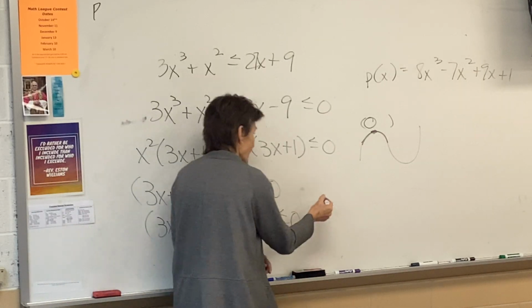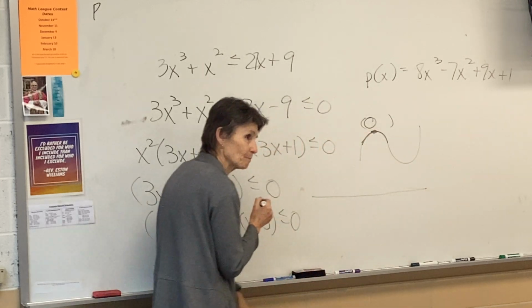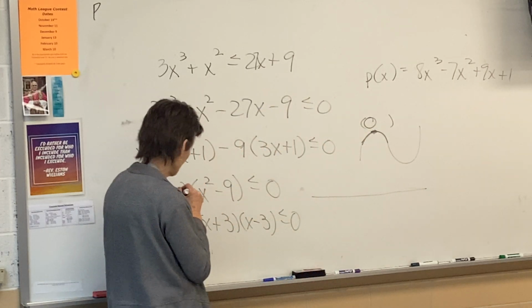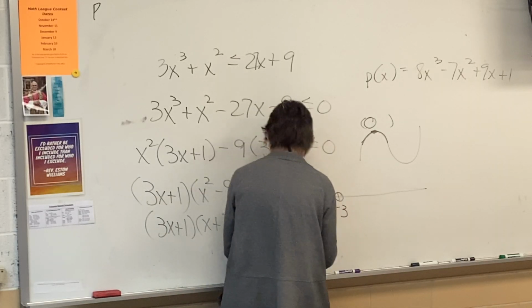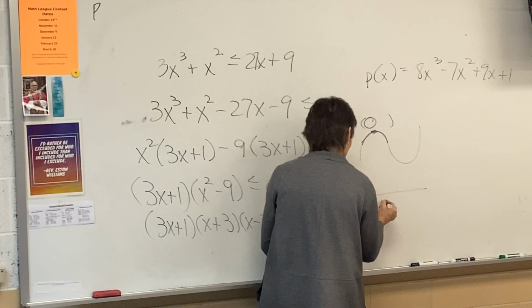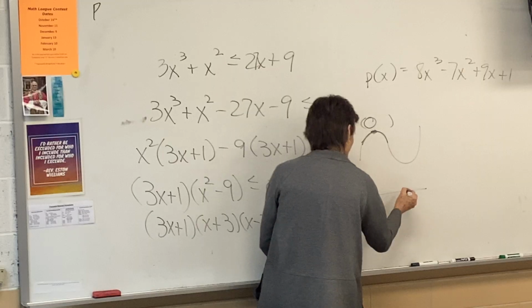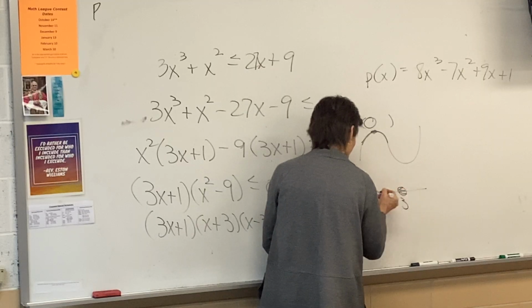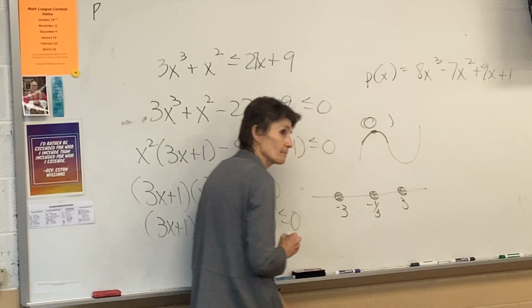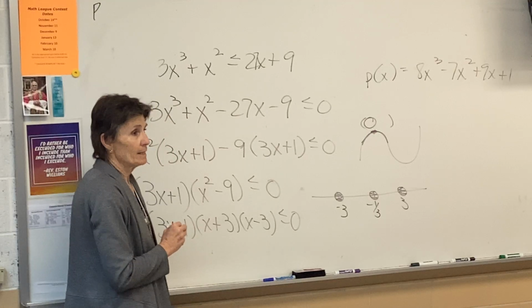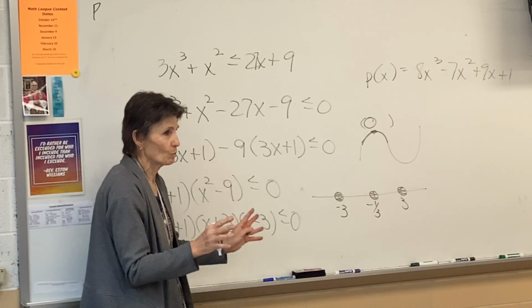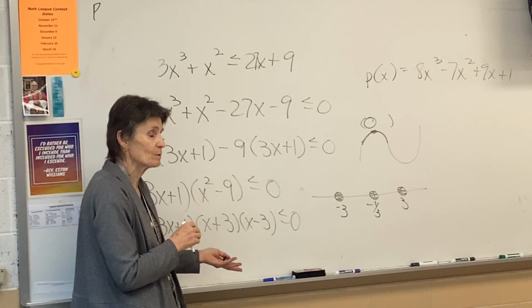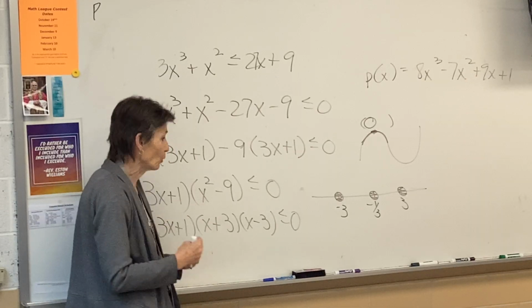So now I'm going to do a sign chart. Here's my number line. And on the number line, I'm going to have -3, -1/3, and 3, and those will be closed dots. And now, if it's a multiple choice question, then you can do whatever you want. If it happens to be part of a free response, it will need to show your work.